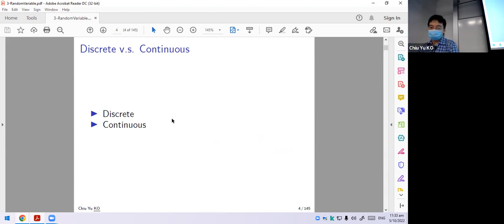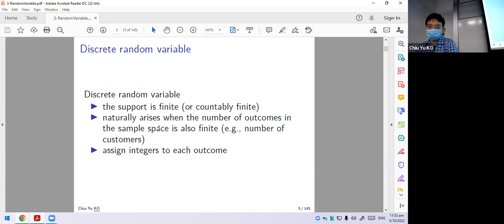That is how you can usually think of it. Of course, the technical definition is more involved, but I think it's okay. You can think of discrete as natural numbers, and continuous as any positive numbers. Negative is also fine, but usually we deal with positive numbers in most cases.